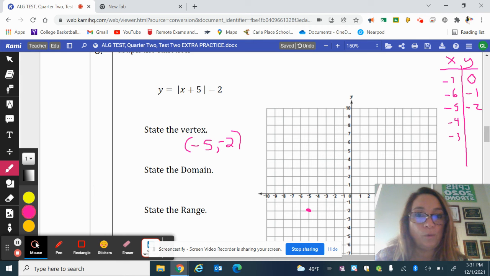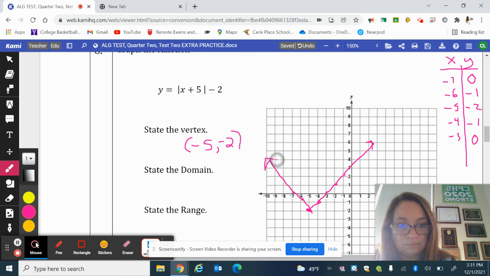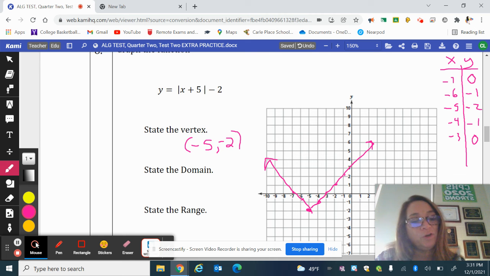And then this is going to be -1, and this is going to be 0. Okay, so I'm going to graph this. Okay. And then I'm going to graph this. All right. And you can always use a ruler to help you graph things better.